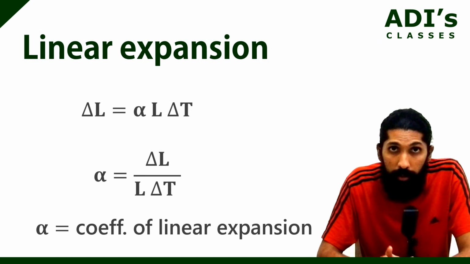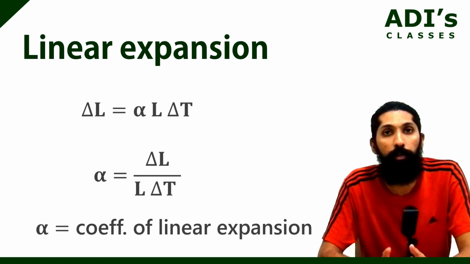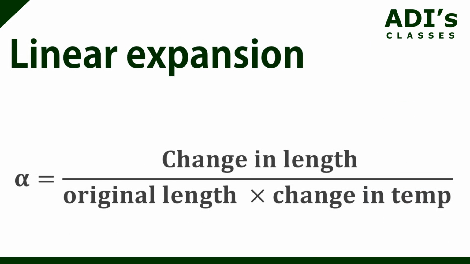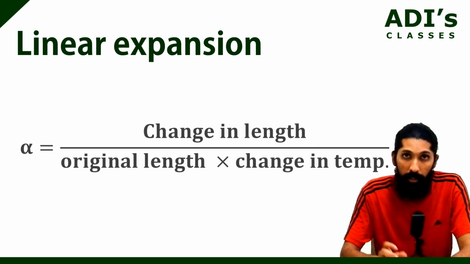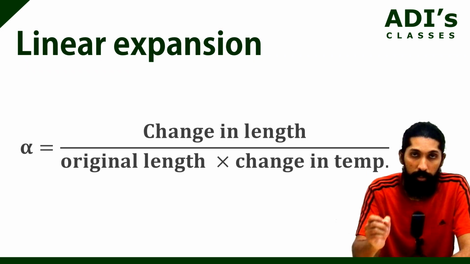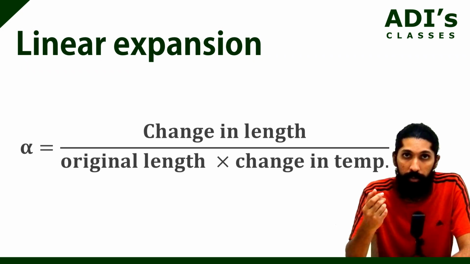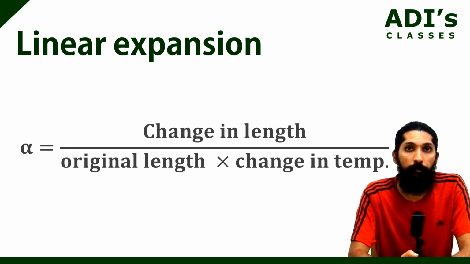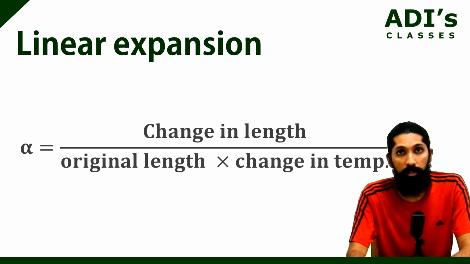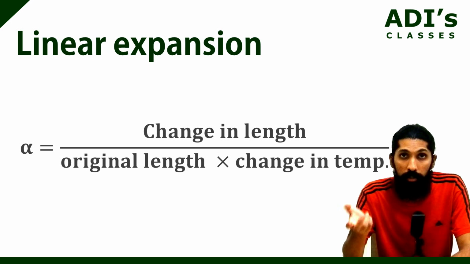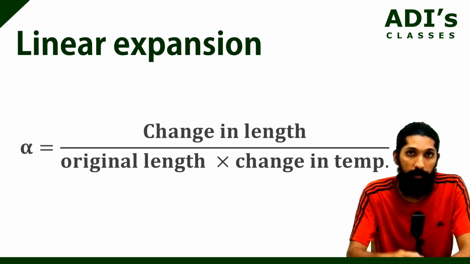So that coefficient of linear expansion alpha can be called as the change in the length by original length into the change in temperature. In the sense, suppose if I'm going to increase the temperature by unit temperature, say 1 degree Celsius. For 1 degree Celsius, what is the change in the length compared to original length?